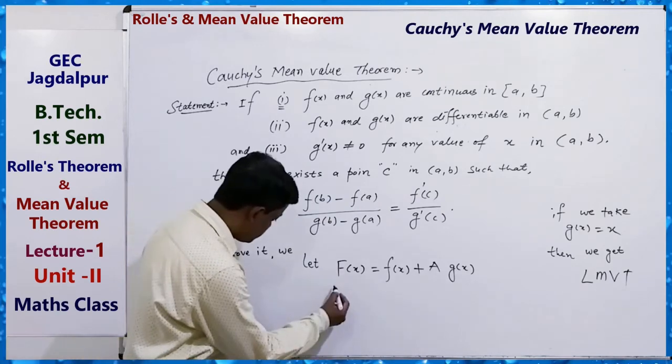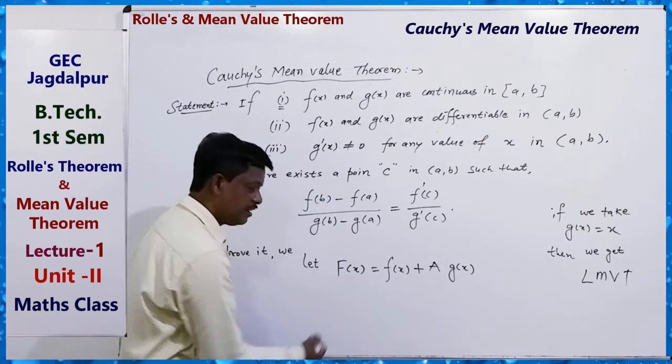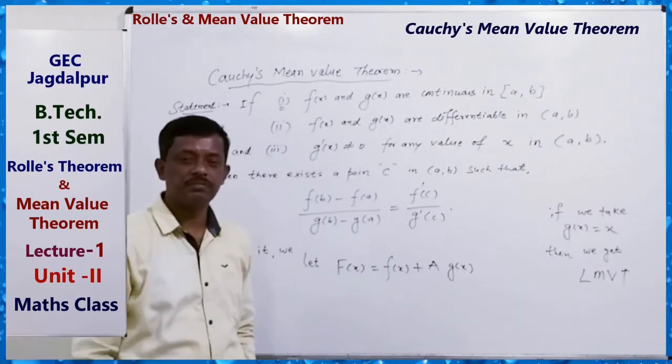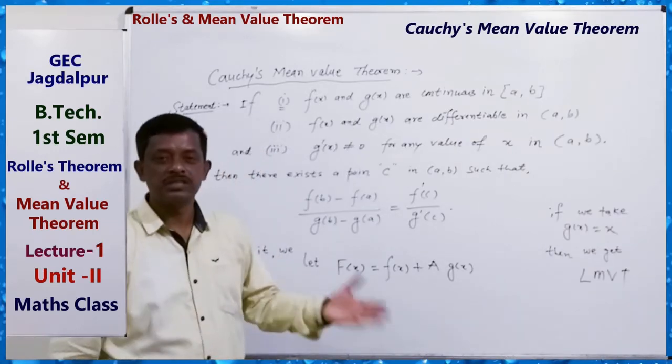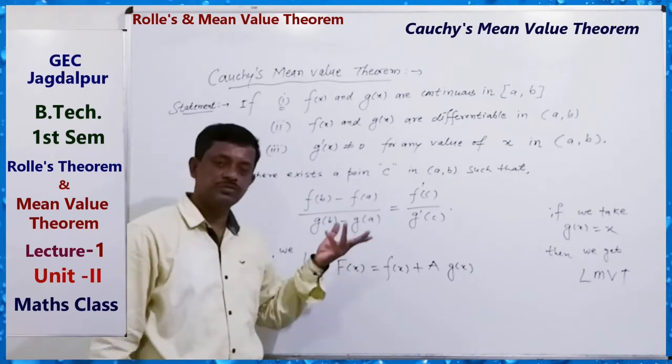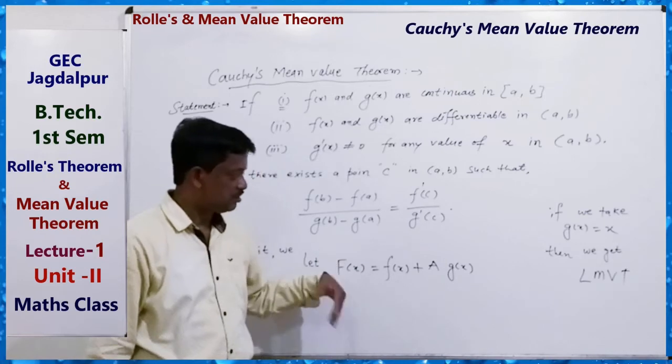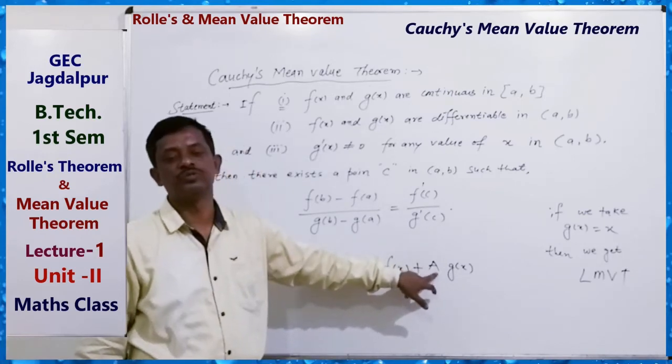By taking this, we can show that this function satisfies Rolle's theorem, and by Rolle's theorem there is a point c where F'(c) = 0, and we can get the two values.